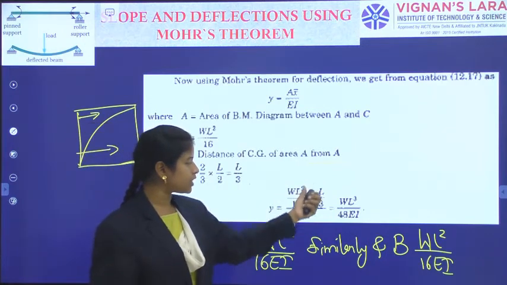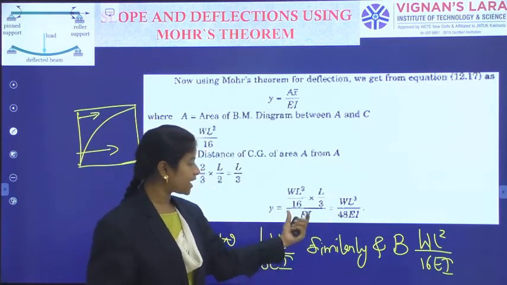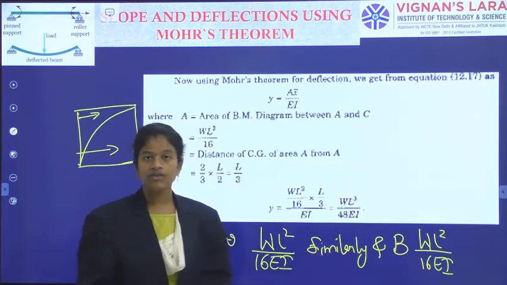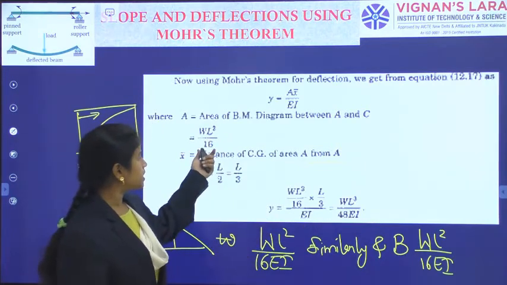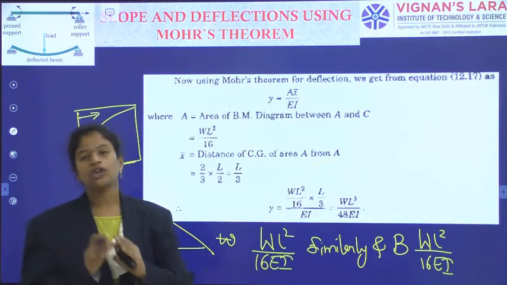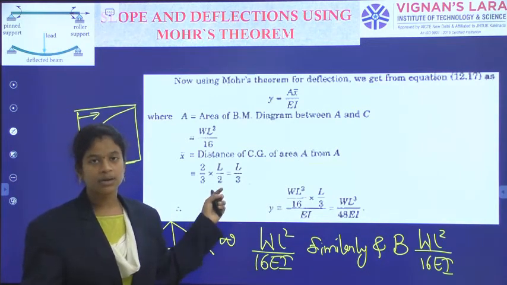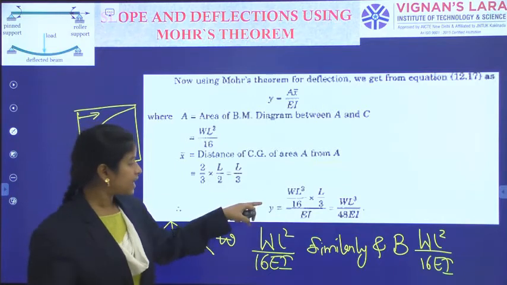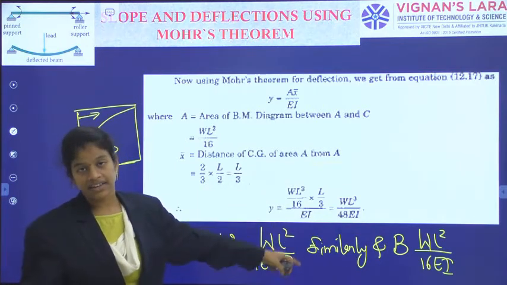So Y is equal to WL cube by 16 into L by 3, divided by EI. As we have got the area WL square by 16 EI from the slope formula, WL square by 16 into X bar, which is L by 3, divided by EI.